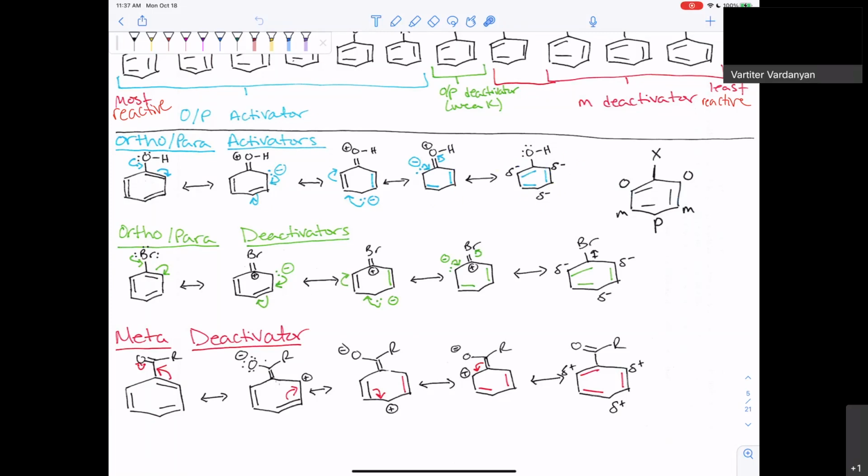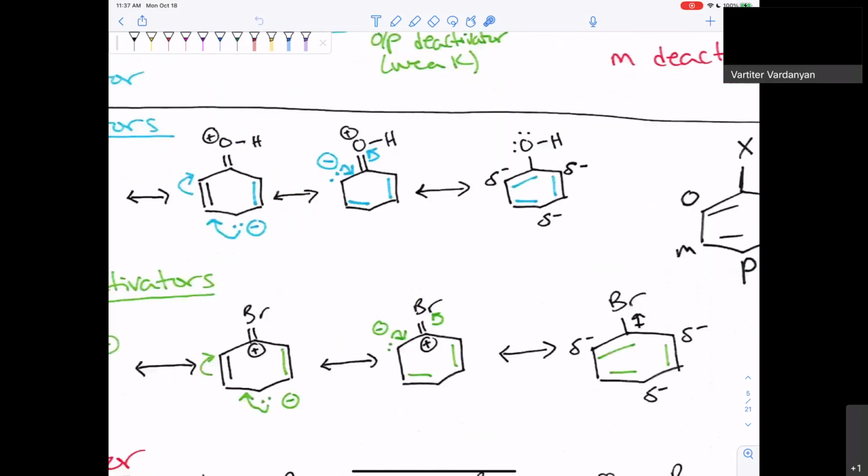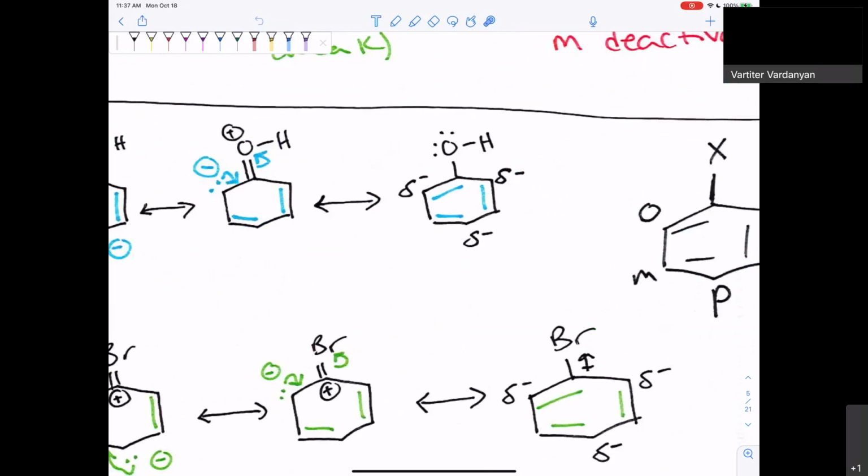So that means if we have an OH or some kind of substituent like OH, hopefully that's easier for you guys to see, we're going to end up with an extra negative charge on the ortho and para position.